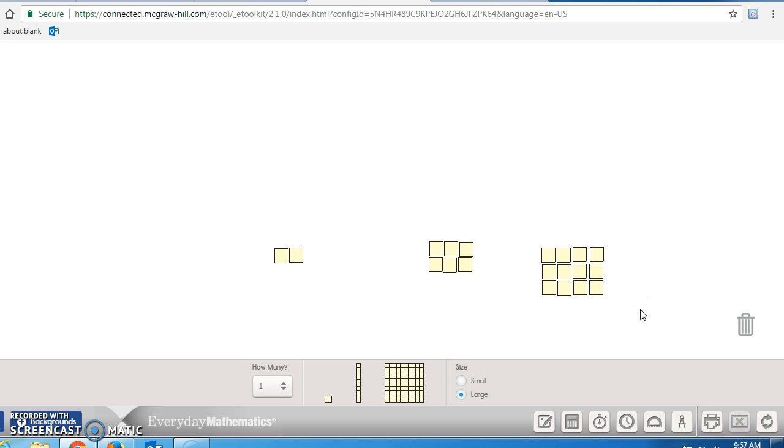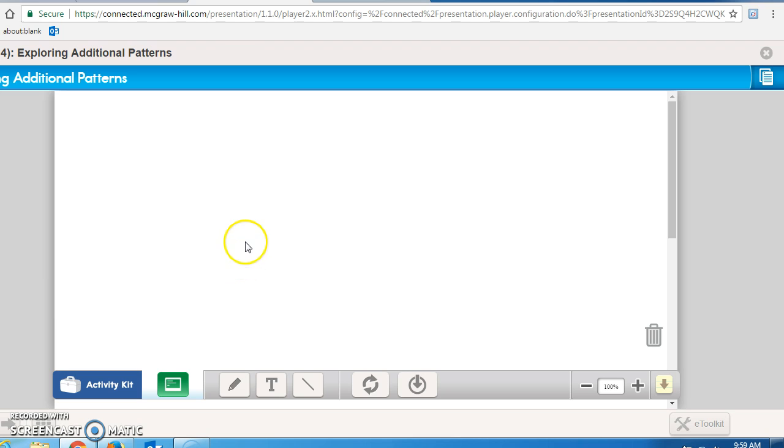Remember, students, that square numbers can also be modeled as shapes. What are the first 5 square numbers? So the first 5 square numbers are the number 1. Why? Because 1 times 1 equals 1.